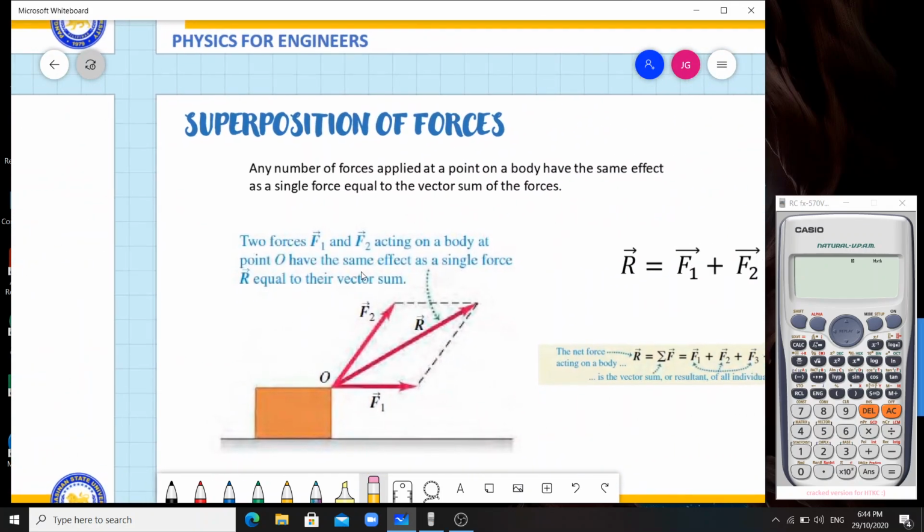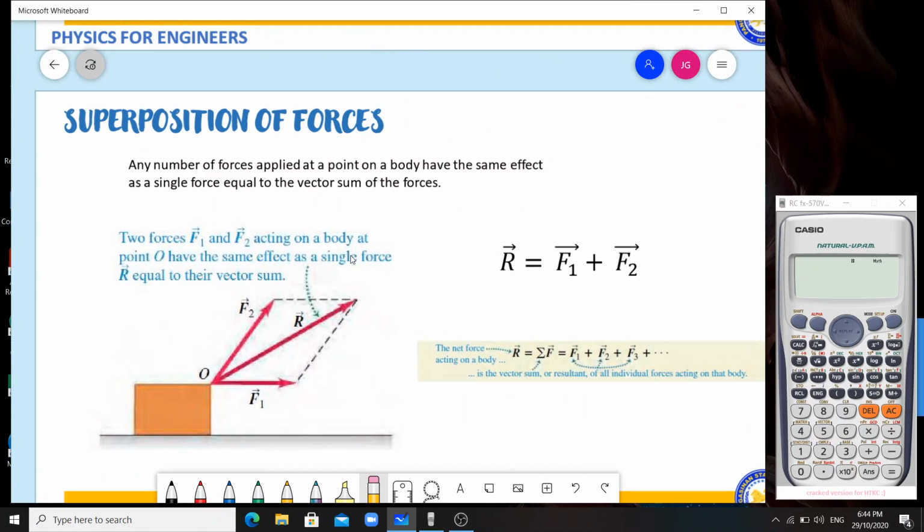Next, superposition of forces. It says that if an object is subjected to numerous forces, it is equivalent to a single force, which is the summation of every force.